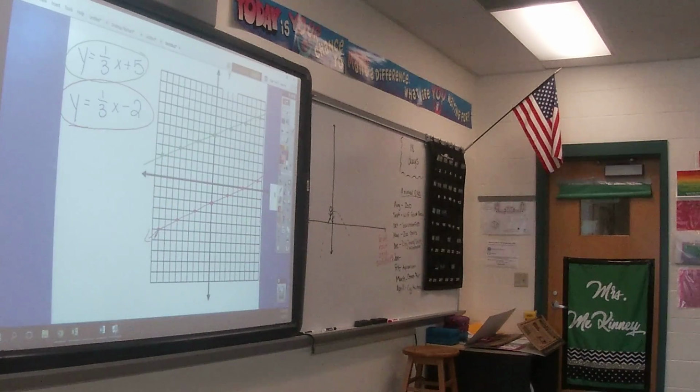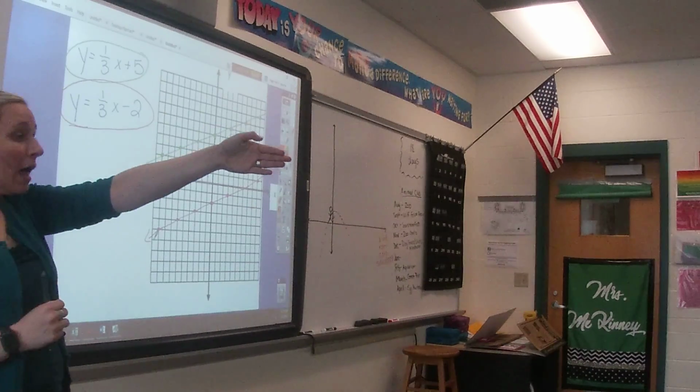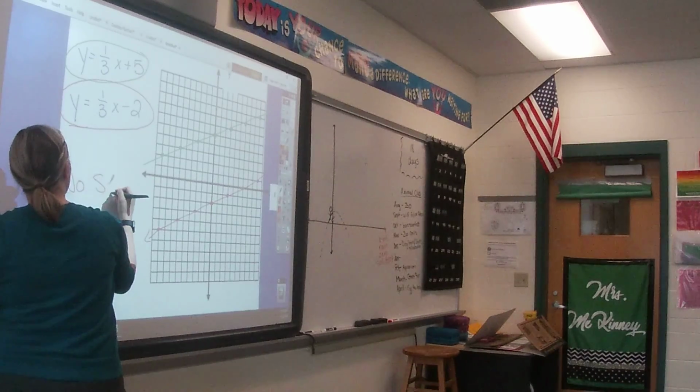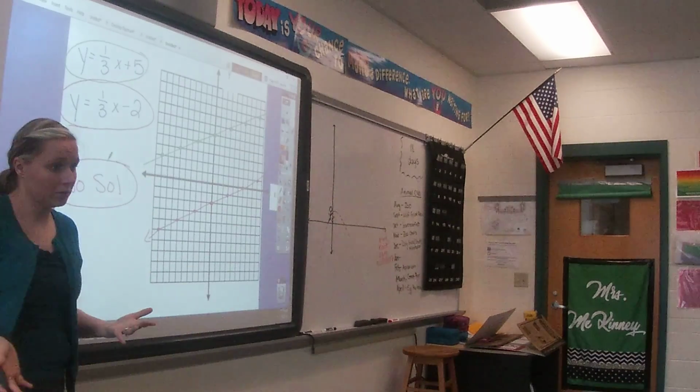What did we say our answer would be if they never crossed? No solution, right? They're parallel lines, and the answer to parallel lines is no solution. This doesn't have an answer.